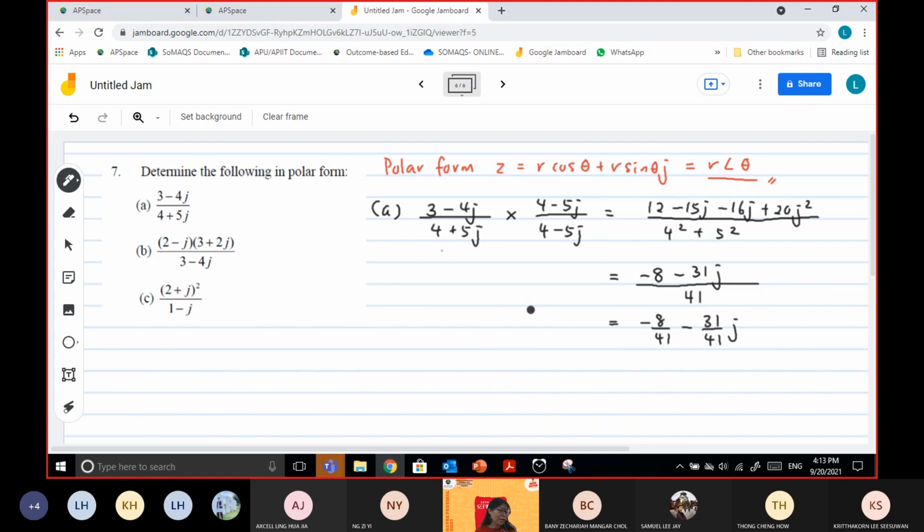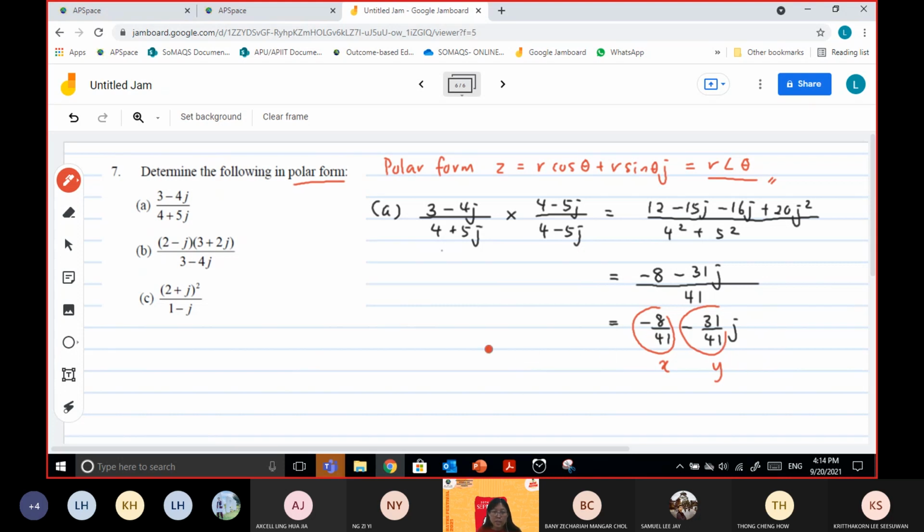Now this is our answer in the Cartesian form, but they require the answer in the polar form. So let's identify which one is x and which one is y. This one should be our x, then this is our y.